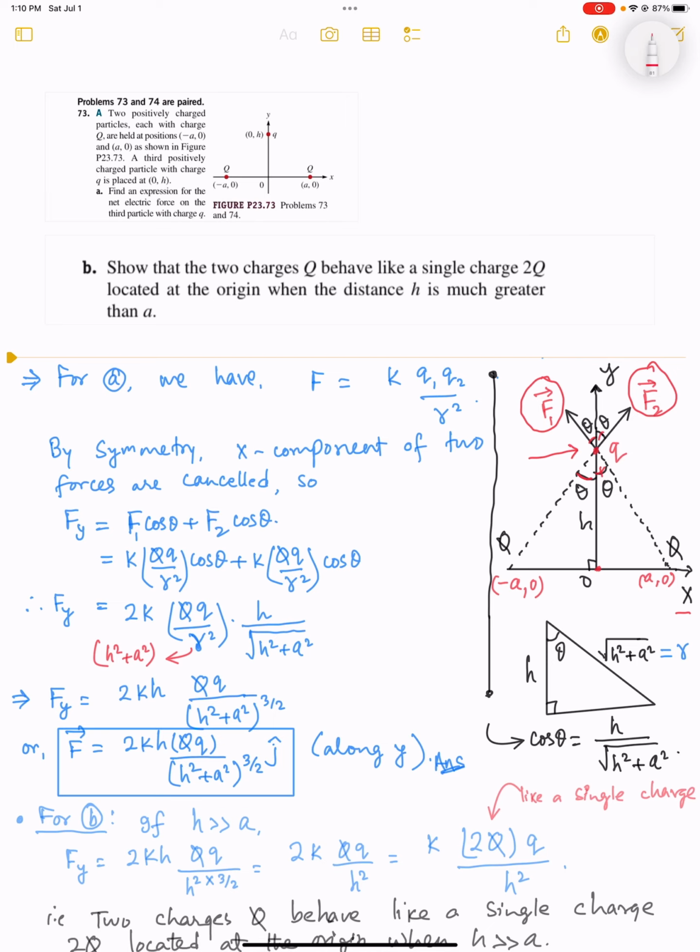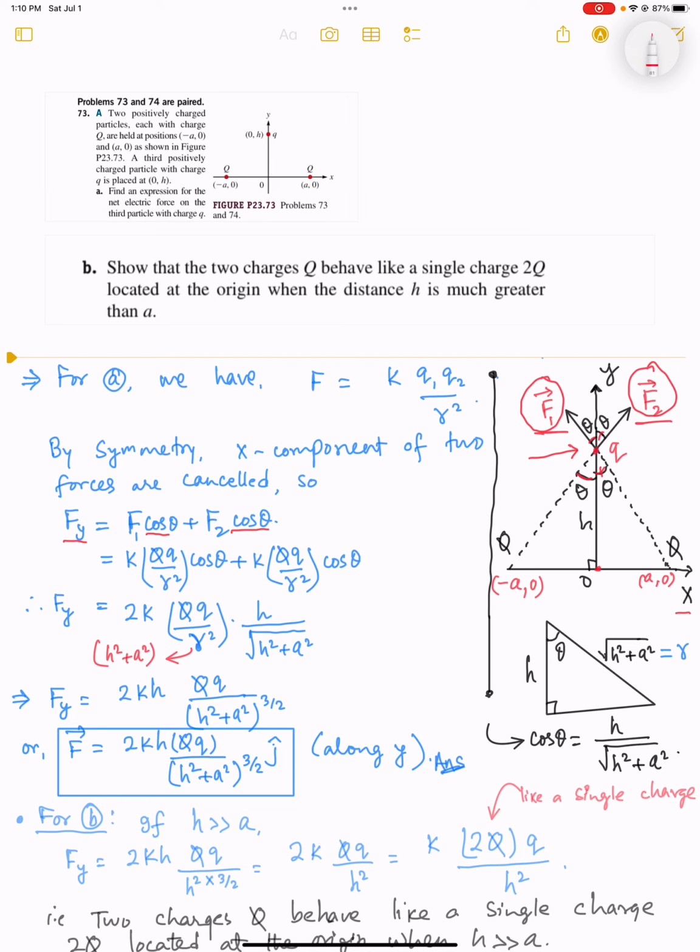Then the total force along the y component, Fy, can be written like this: F1 cos theta plus F2 cos theta. I think you are kind of expert on how to resolve this kind of forces along the corresponding axis.